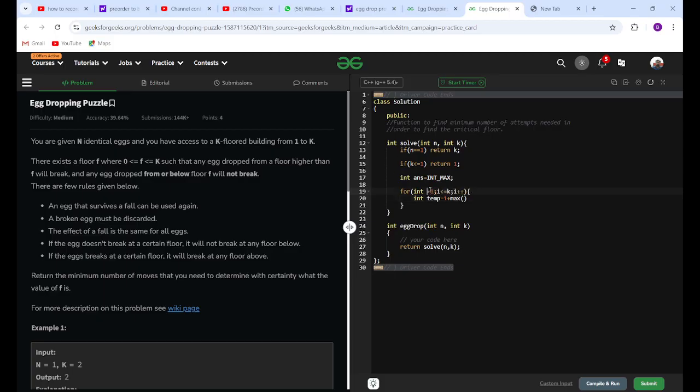Let's initialize with floor 1 to floor k and floor plus plus. Okay, maximum of the solve function.